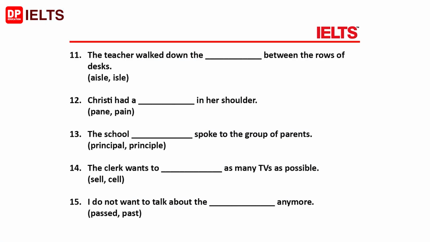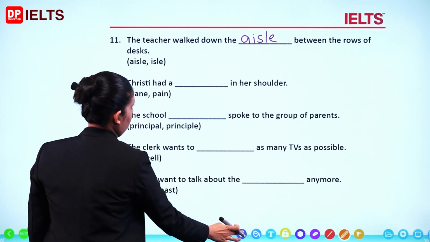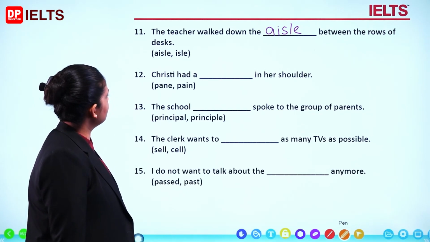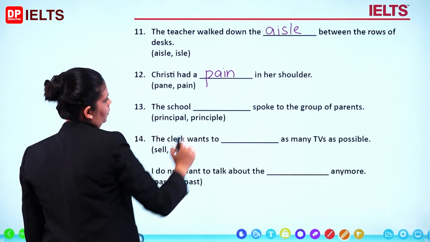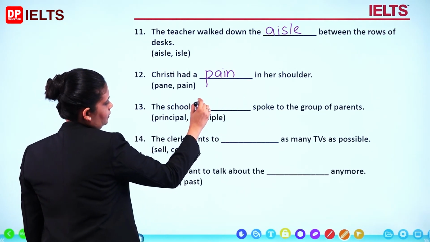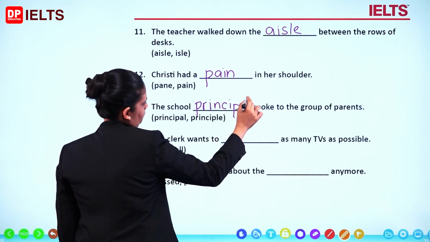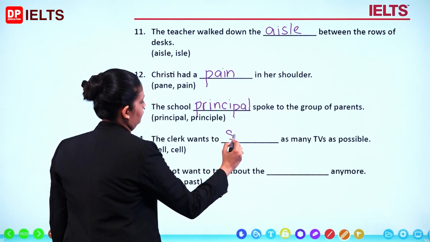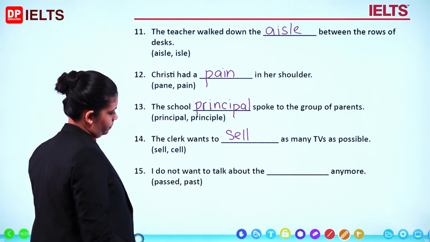There you go. The teacher walked down the aisle. Okay, I'll just move this a bit this side. Christy had a pain. The school principal. The clerk wants to sell. I do not want to talk about the past.